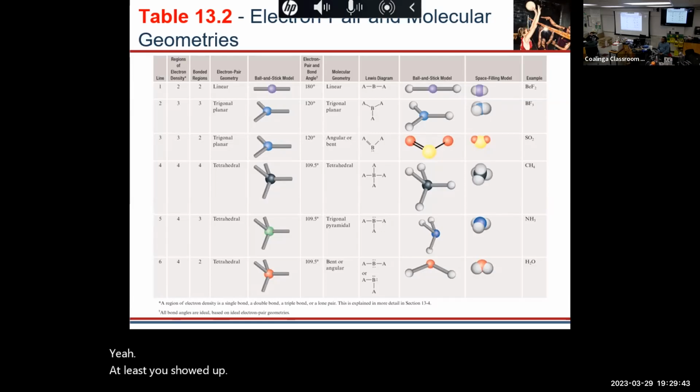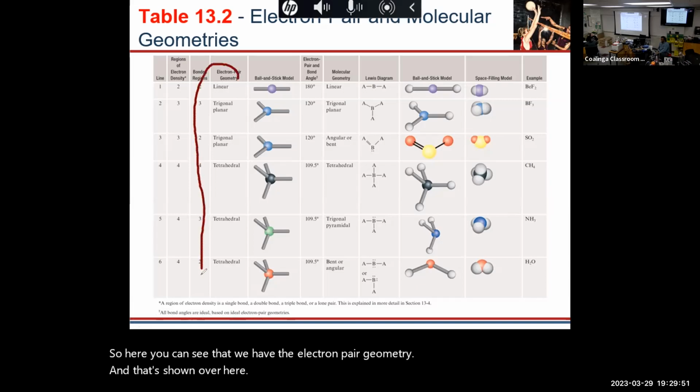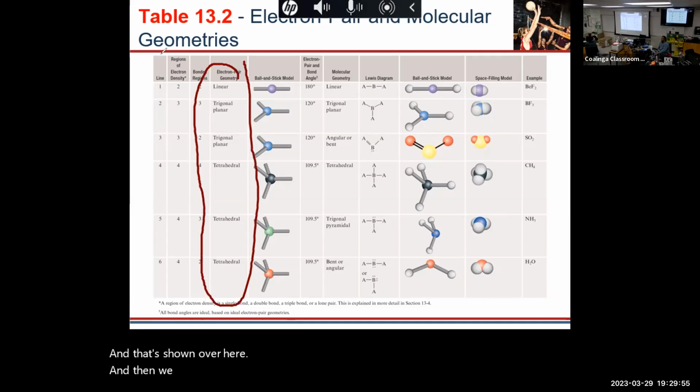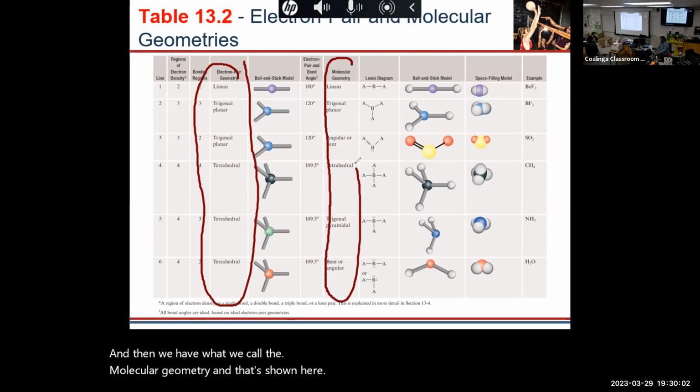Okay, so here you can see that we have the electron pair geometry, and that's shown over here. And then we have what we call the molecular geometry, and that's shown here.